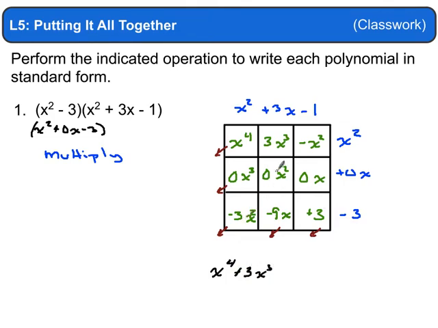Negative 3x squared, 0x squared, and negative x squared would be negative 4x squared. Negative 9x and 0x would be negative 9x. And then we end up with plus 3. So that's a review of how to multiply with the area model.